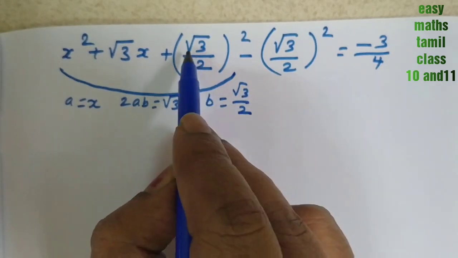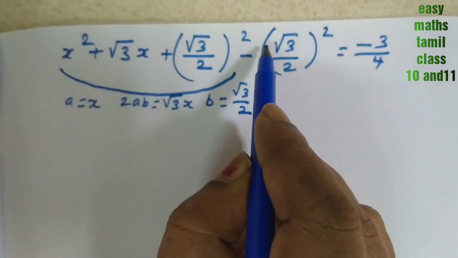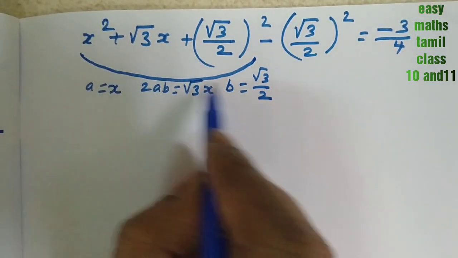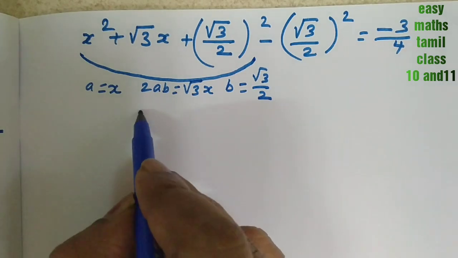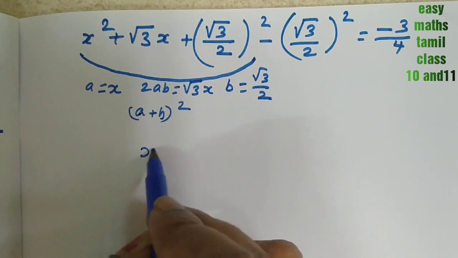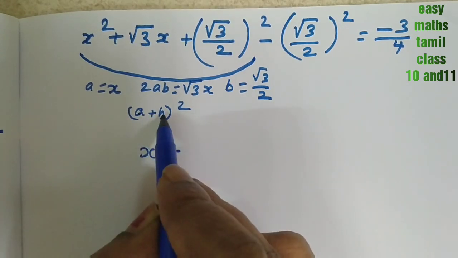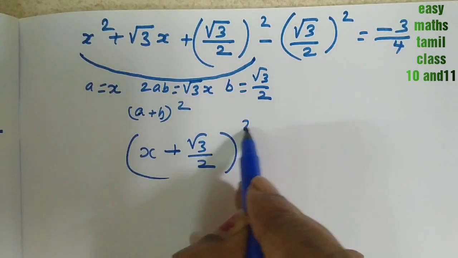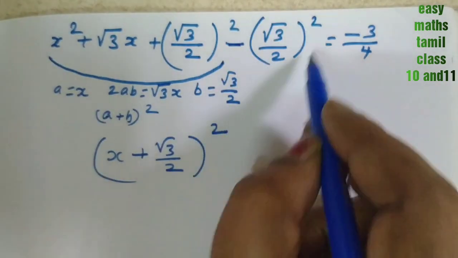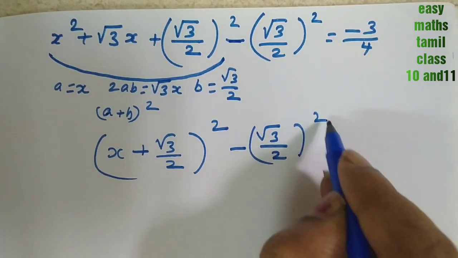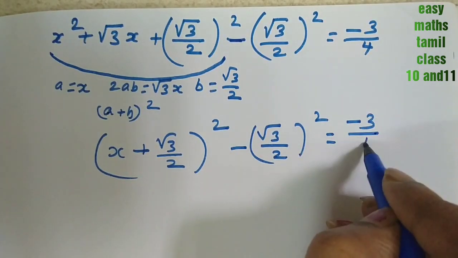Value of b square is root 3 by 2 the whole square. So this is in the form of a plus b the whole square. So the value of a is x, plus b, root 3 by 2, the whole square, minus root 3 by 2 the whole square equal to minus 3 by 4.